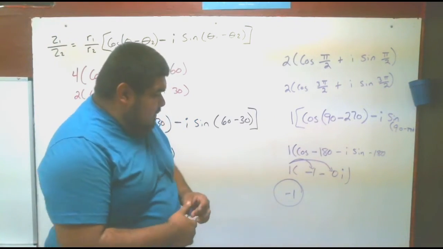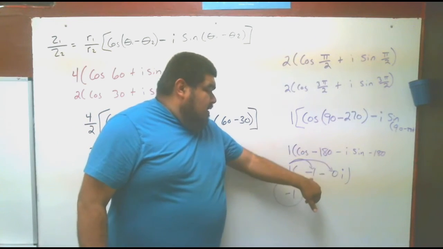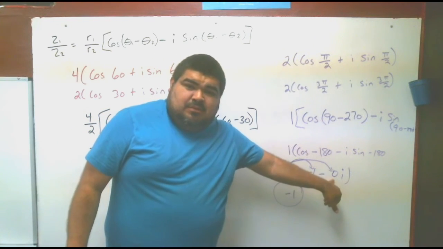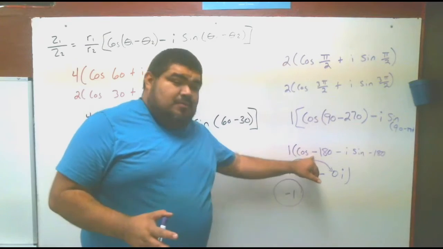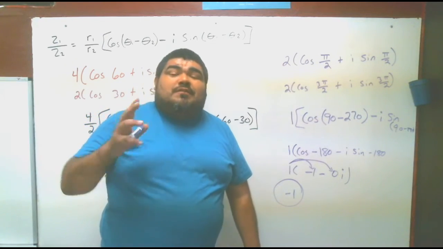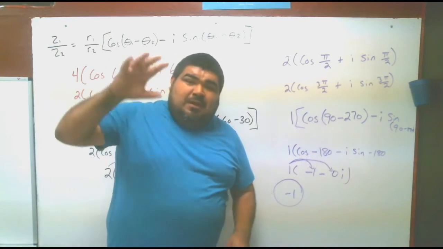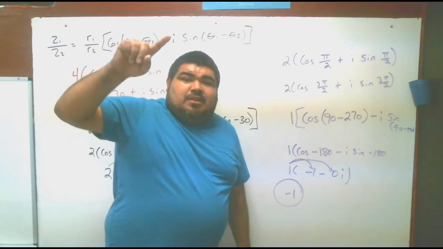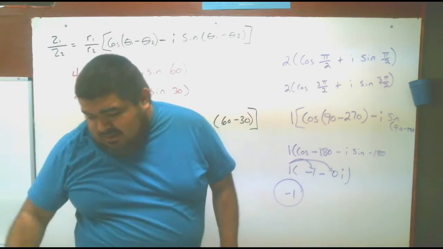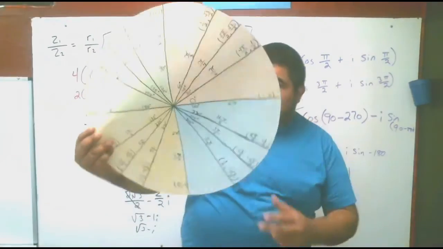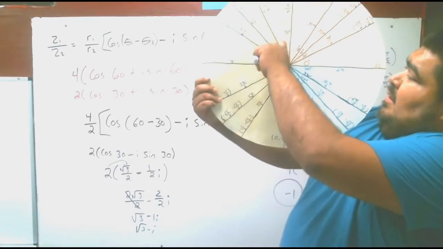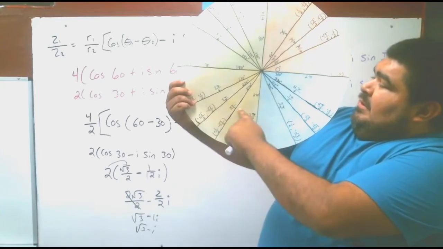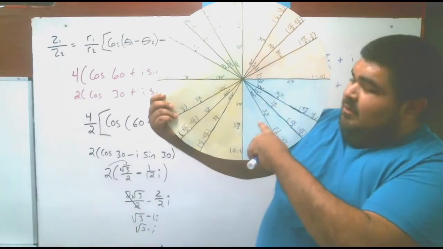Again, the reason why we have negative 1 and 0 is because whenever you have a negative number, okay, you start off on 360 form. You go backwards. Think of a clockwise, okay?